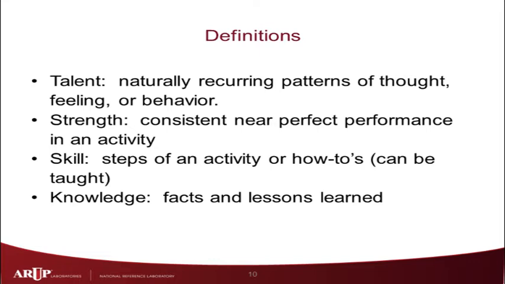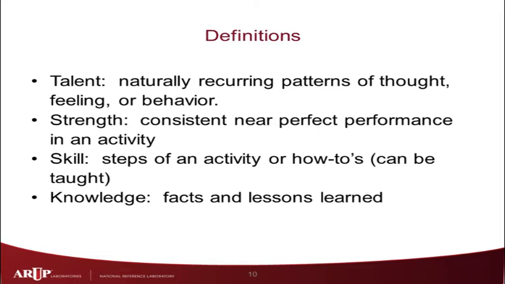He talks about skills. The skills are the steps to an activity or how to do something. So these are things that we can be taught, we can learn. In addition, we have knowledge, which are facts and lessons that also are learned. These definitions and this brain science tie in to the assessment called the Strengths Finder Assessment.